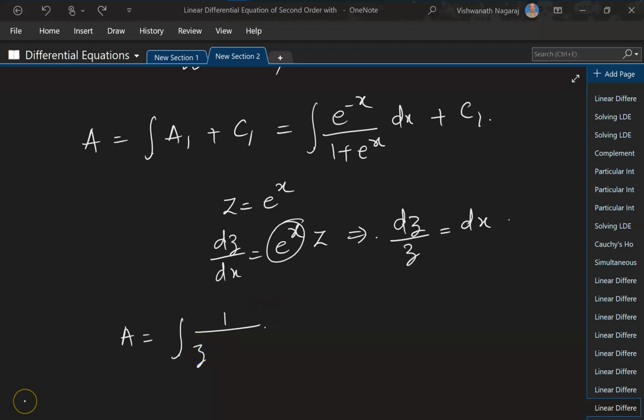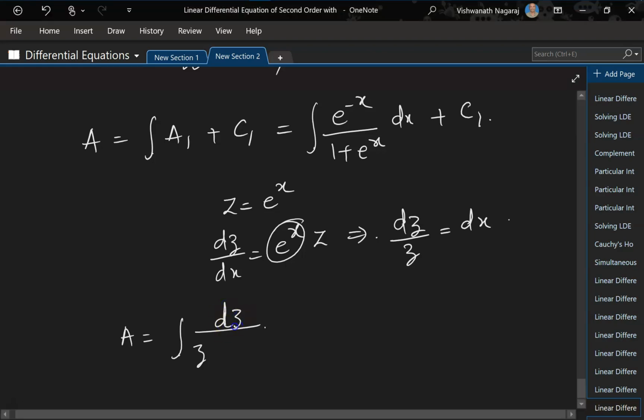Then instead of dx, we write dz by z, times 1 plus z. So this becomes the integral of dz by z square times 1 plus z.